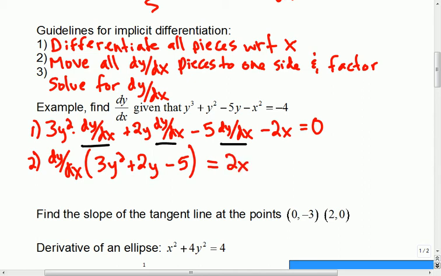So they were moved to one side, so they'd be all by themselves, and I can factor it. The reason I did that is now it's very easy to solve for dy by dx, which is the derivative of y with respect to x. This is now a formula that I can use in a calculator.